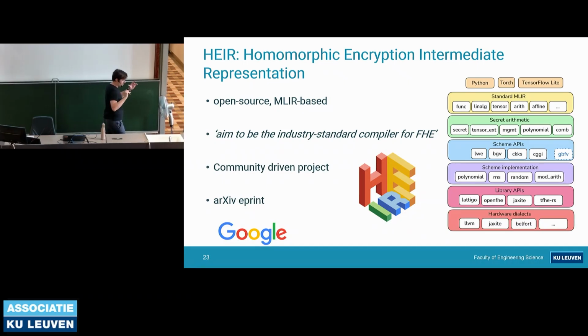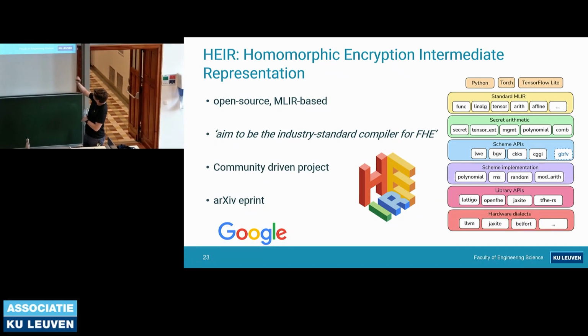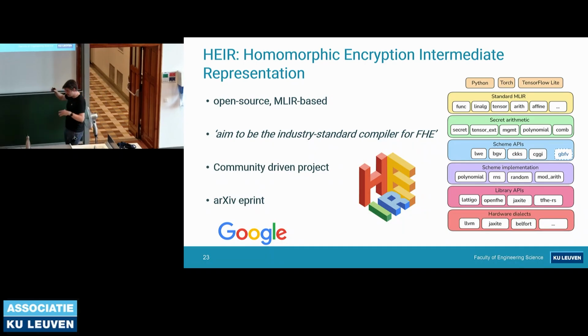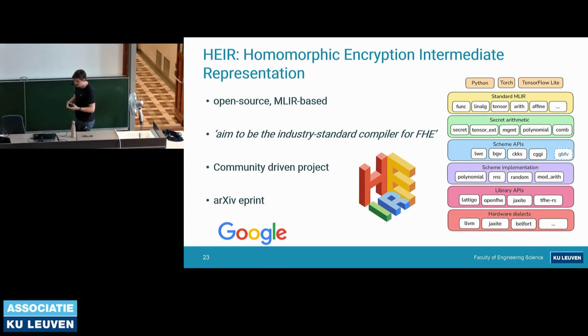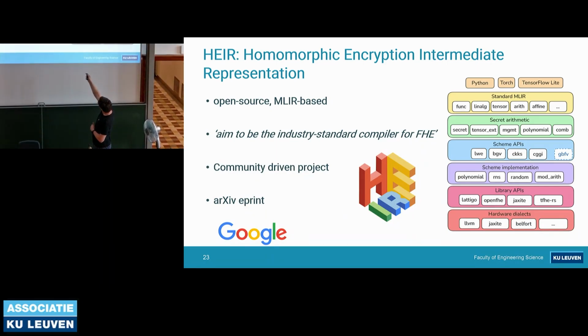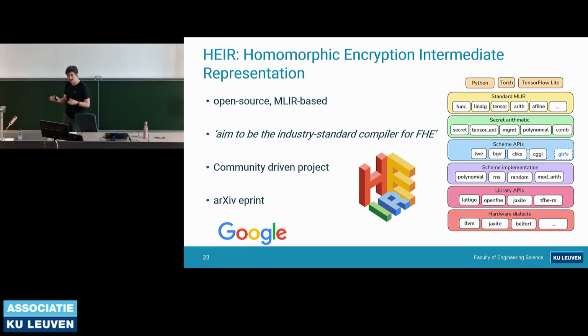But now, what does a very typical compilation pipeline look like? We define a high-level algorithm in Python. We first convert it into the MLIR dialect, so into a representation of MLIR that the framework can reason about. Then one of the first things we can do is go to the secret dialect, which is a dialect specific to HEIR.